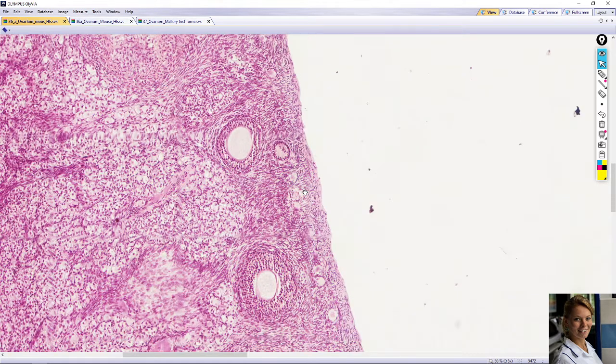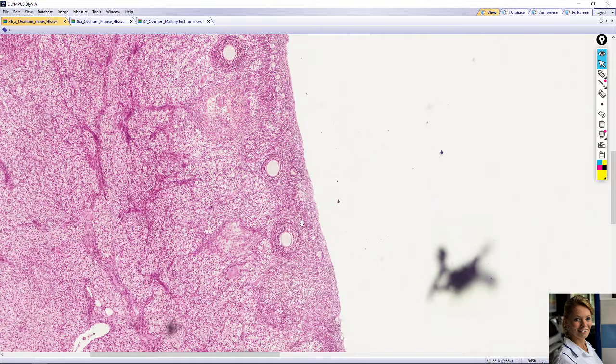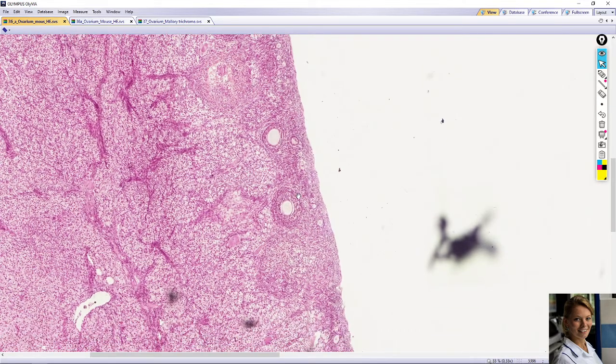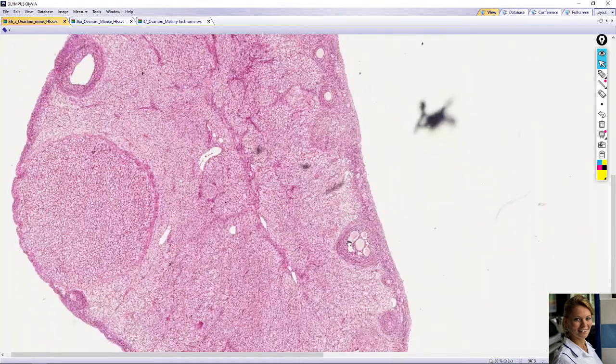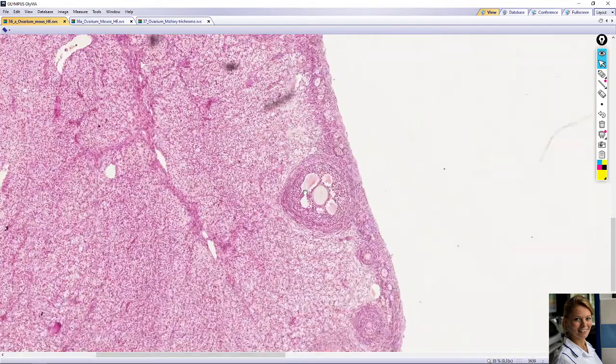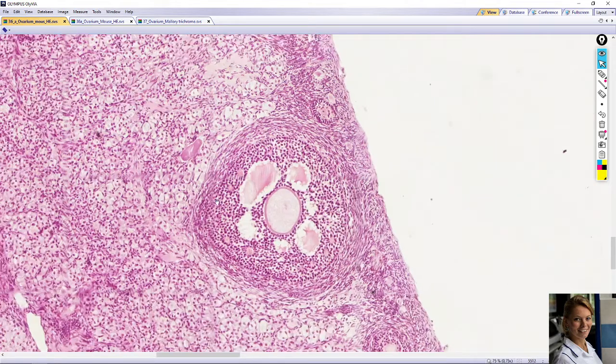As the follicles increase in size, a fluid called liquor folliculi or follicular liquid begins to accumulate between the follicular cells, now called the granulosa cells, for example here.